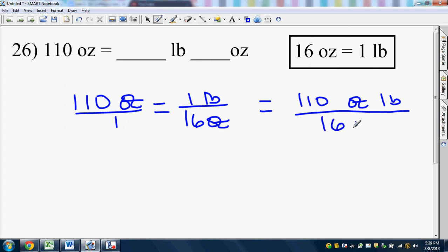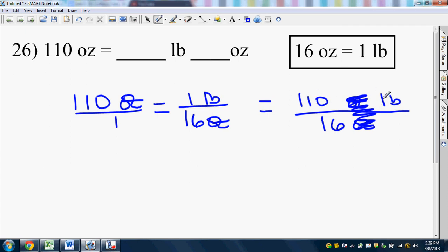And then 1 times 16 ounces is 16 ounces. See how those ounces are canceling out? Anytime you have the same thing in the numerator and the denominator, they cancel out, and they're equal to 1. So that just cancels out. That's all I was really doing here, just canceling before I multiplying. It's like cross simplifying.